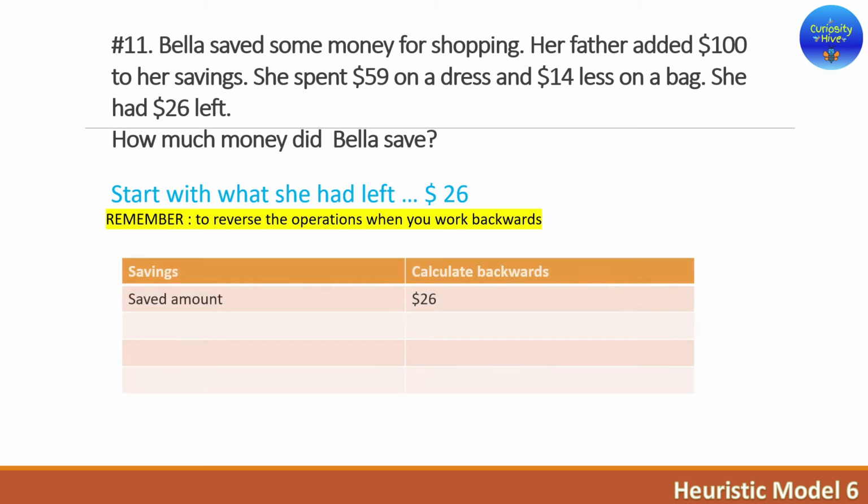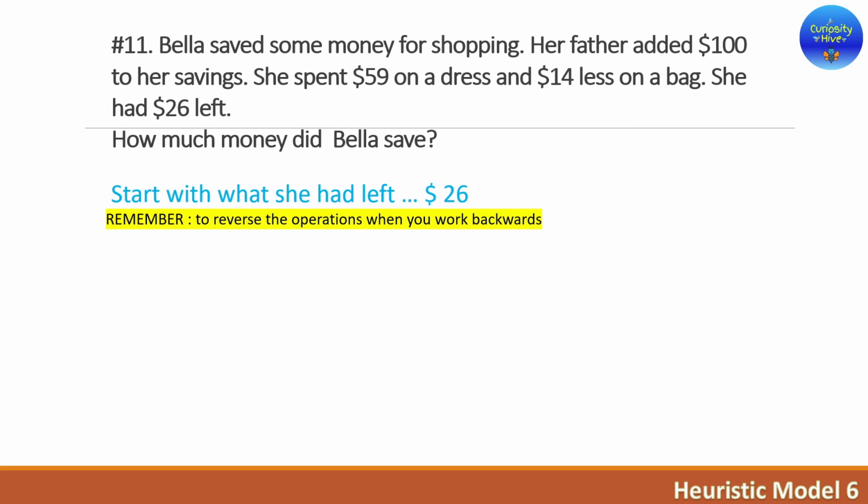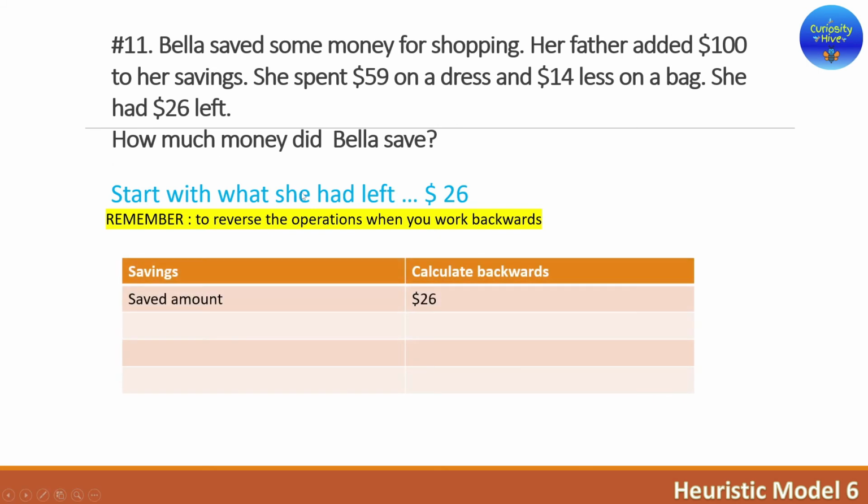So I will make my table with the saved amount, which was 26. Now from 26, she had spent 59 on dress. So 59 on dress that was spent will be added to 26, which is 85, because she would have spent from her saving itself. And then 14 less on a bag.